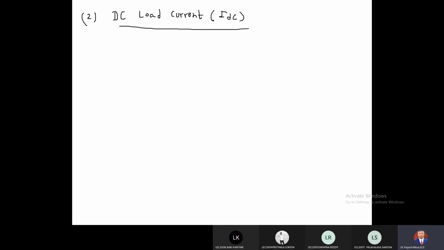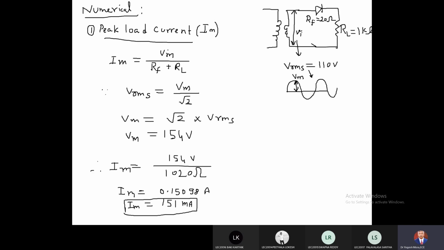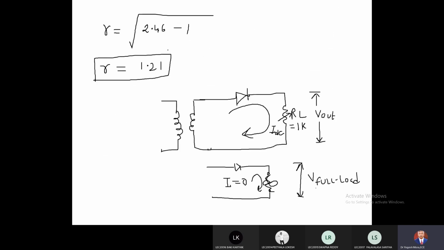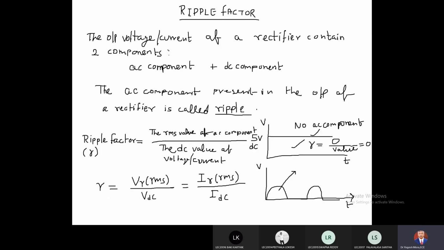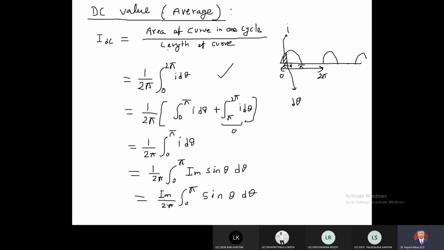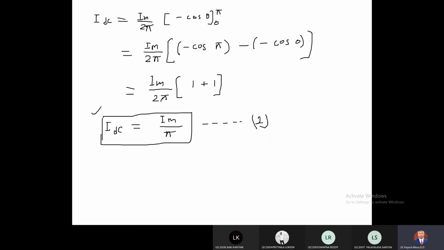Right. Already for the half wave rectifier we have calculated this IDC formula. Yes, this equation number 2, it is IM by pi, right?